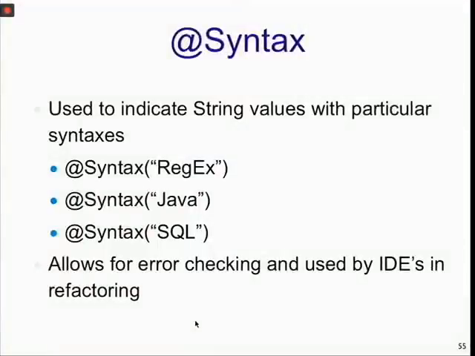Of course, there's more than one SQL syntax, unfortunately, but in spirit. And this could be used both statically and dynamically. Also, IDEs might be able to do some refactoring support here. If you mention something has Java syntax or SQL syntax, that could help tools do better things in terms of refactoring.